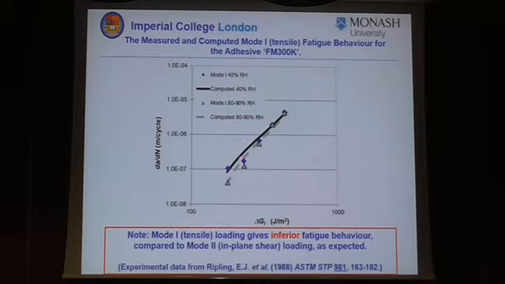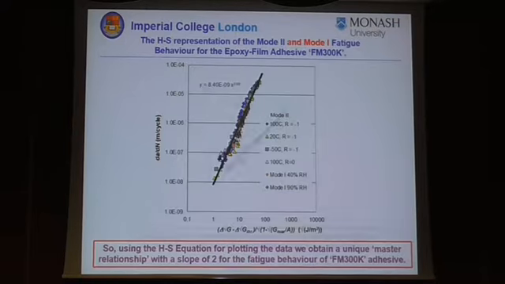So here's the mode 2, and mode 1 is a function of humidity. If I put all that data together using the Hartmann-Schreiber equation, which is here, notice that we get one master relationship, slope of 2, really nice. Here's the mode 2 data, different test temperatures, different R ratios, and there's the mode 1 data as well, colour points at the 2 humidities, and we get one unique master curve.